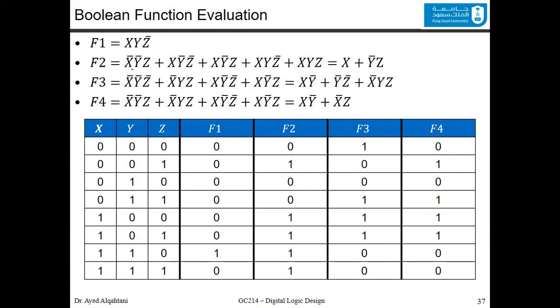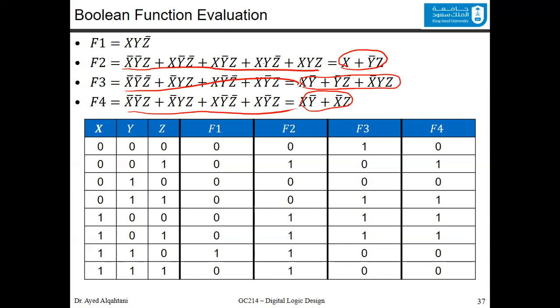I should mention that we can simplify F2 to make it like this. We also can simplify F3 to make it like this. Similarly, F4 to make it like this. This simplification, you could do it by applying Boolean algebra. Or you could prove that this is equal to this by using truth table.